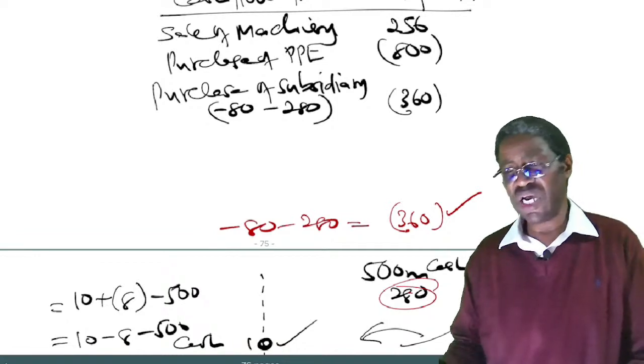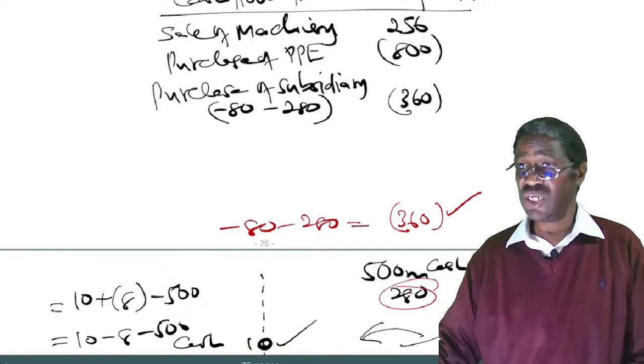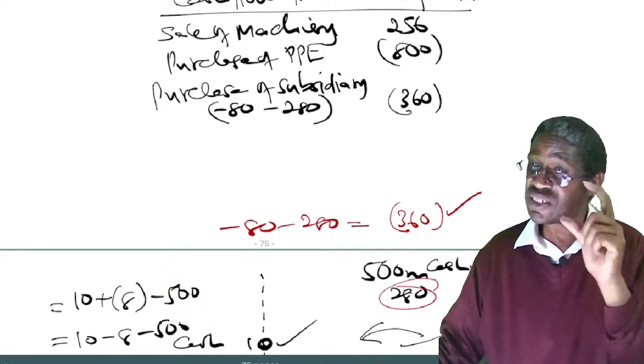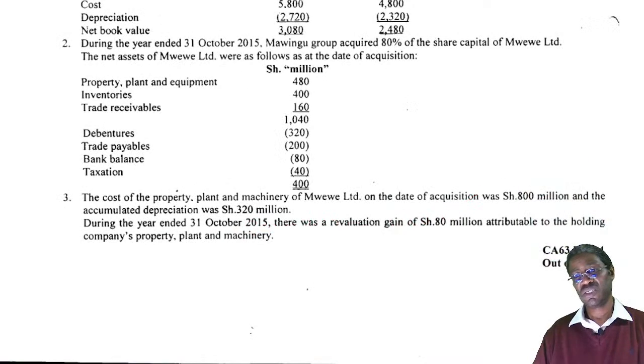We go to number 3 now. We go to note number 3. We are still looking for investing activities. Good. So note number 2, that's gone. Number 3, they are saying the cost of the property, plant and equipment in Mwewe Limited was 800 million, accumulated depreciation of 320.